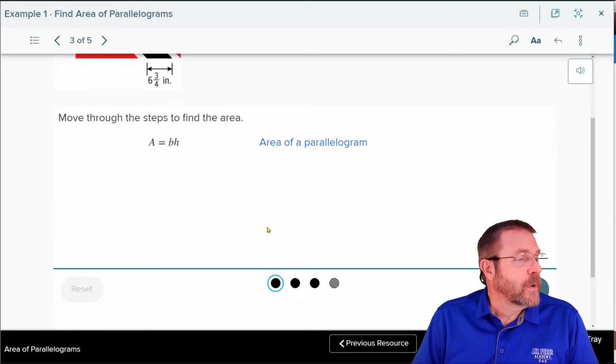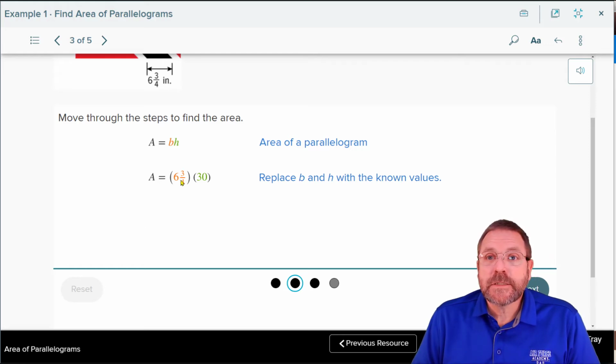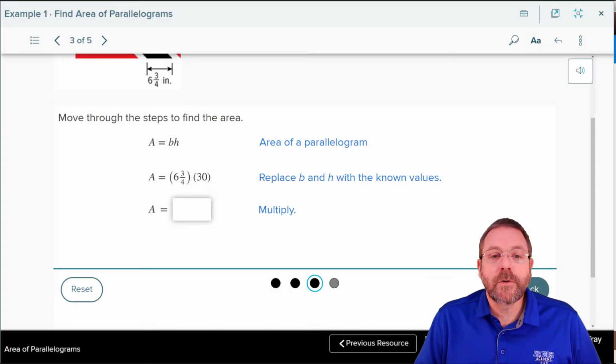So from there, we're going to plug in what we know. We know the base is 6 3/4 inches, and the height is 30 inches. Then we're going to multiply that out, and I'm going to use the distributive property to do that.